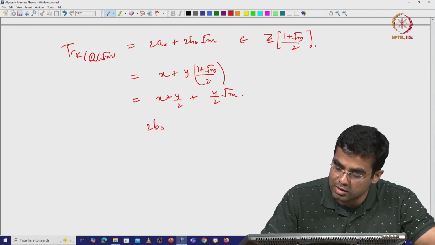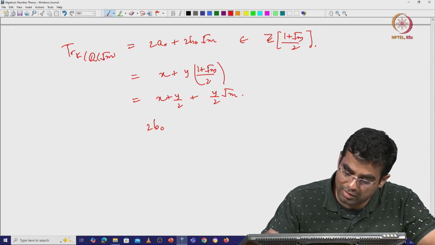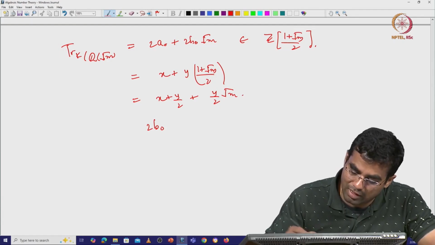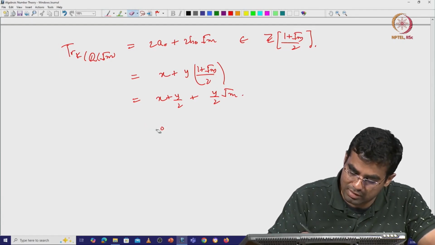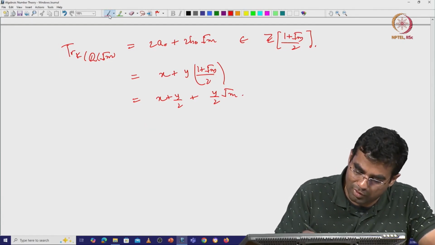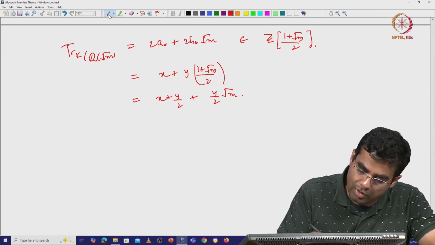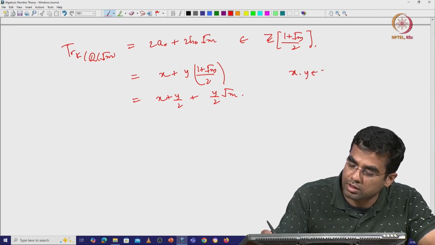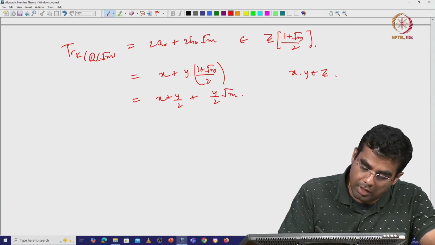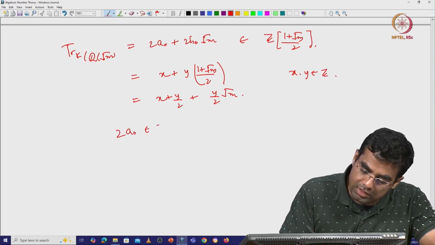So, x and y are integers here, right, and 2a0, this is an integer.